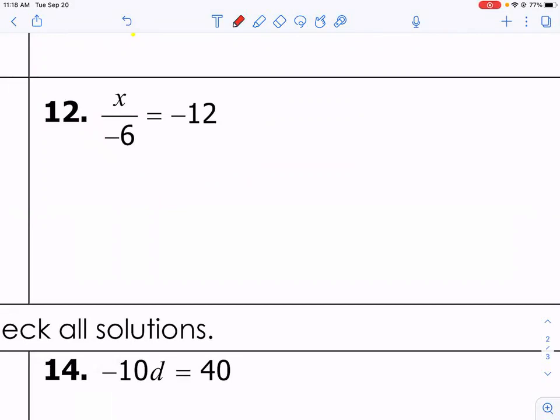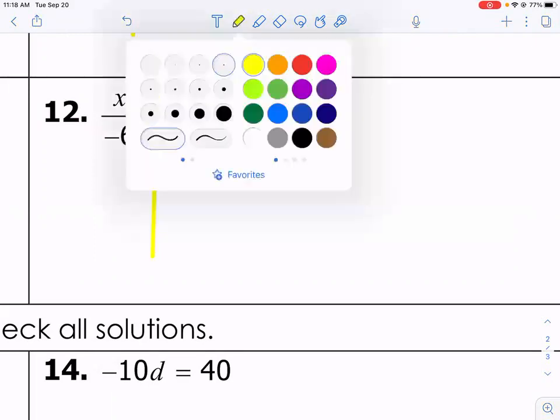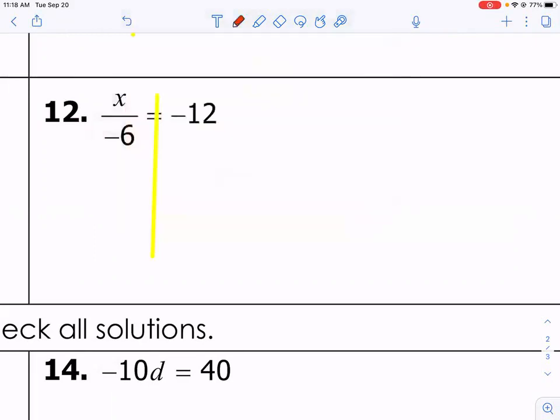Olivia, what did you and Cordell do in number 12? What did you do to both sides? What operation is that? Okay, so Olivia is saying that she multiplied both sides by negative 6. Is that what you did? Yeah.